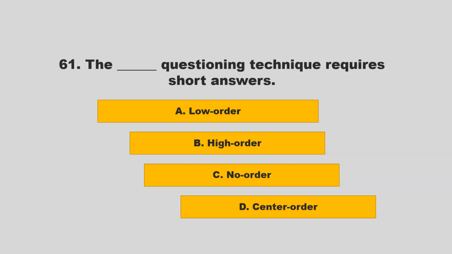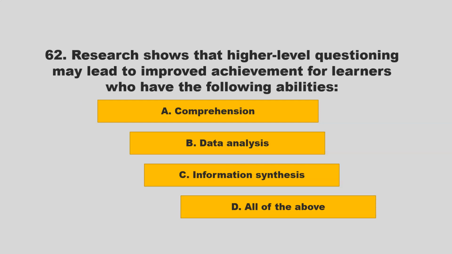The blank questioning technique requires short answers. Is it low order, high order, no order, center order? If you chose A, low order, you are correct.